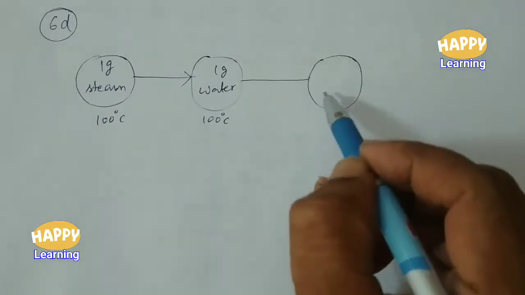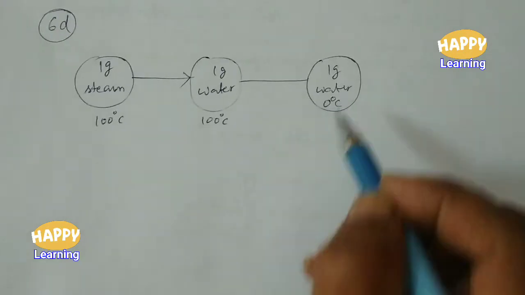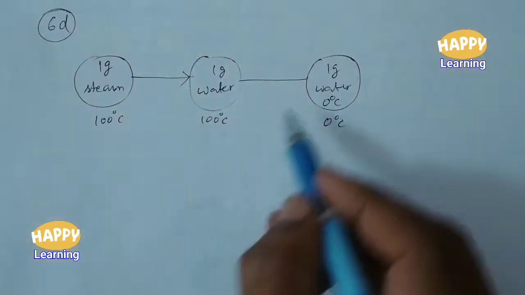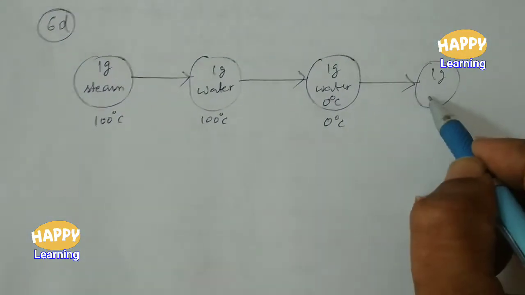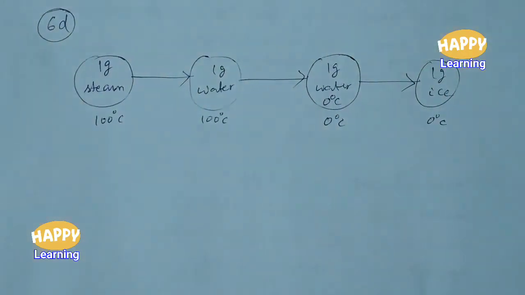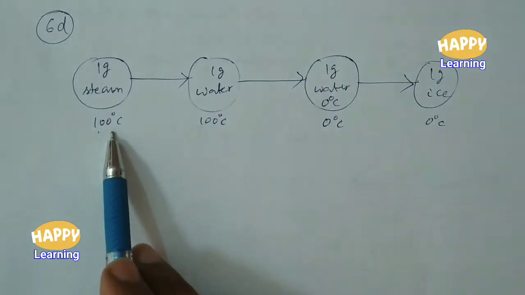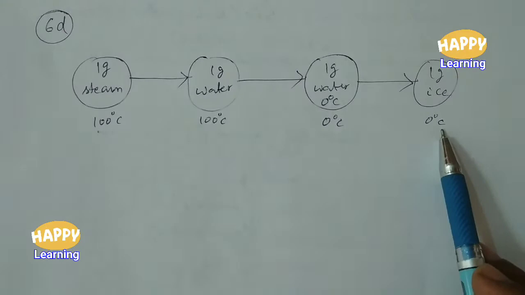Then it is converted to 1 gram of water at 0 degrees Celsius. So here the temperature is 0 degrees Celsius. Then it is converted to 1 gram of ice, whose temperature is again 0 degrees Celsius. So 1 gram of steam at 100 degrees Celsius is converted to 1 gram of ice at 0 degrees Celsius.